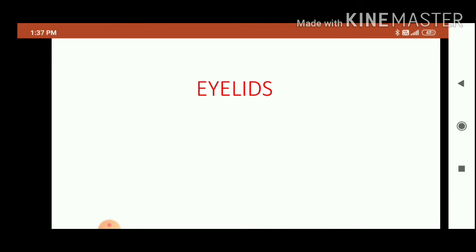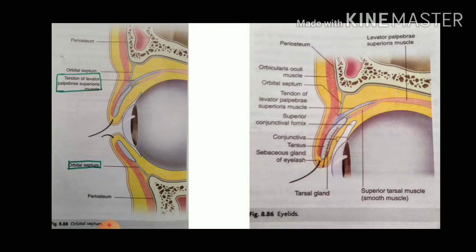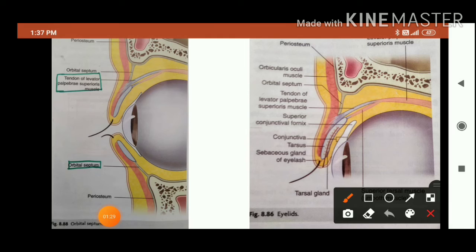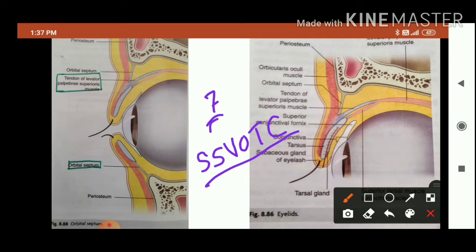So let us see what the layers of the eyelid are. Always remember that from superficial to deep, the eyelid has been divided into a total of 7 layers. What are the layers? You can remember them with the mnemonic SSVOTC. What do we mean by this?